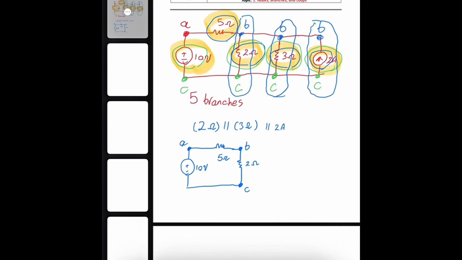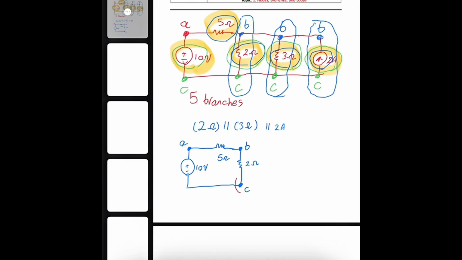So we are going to say that these two resistors share only one node. They have only one node in common.